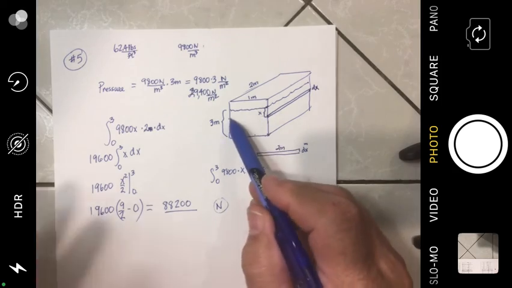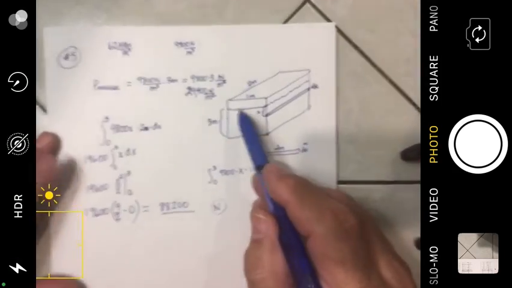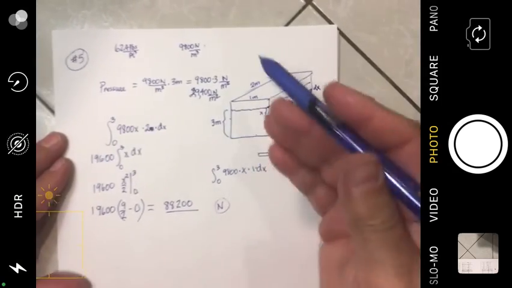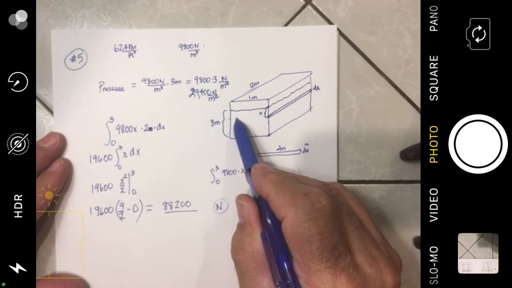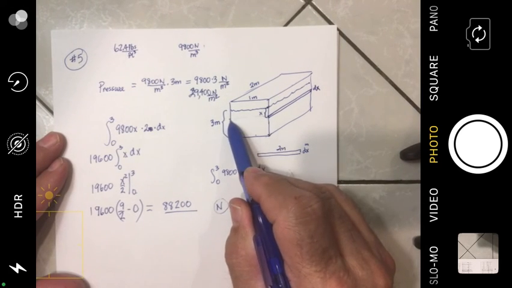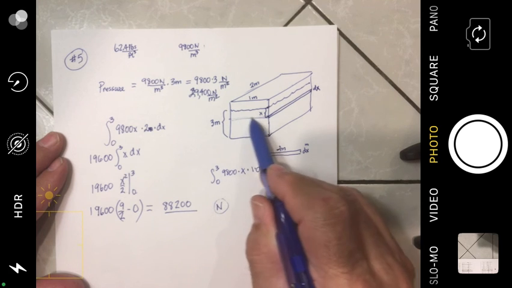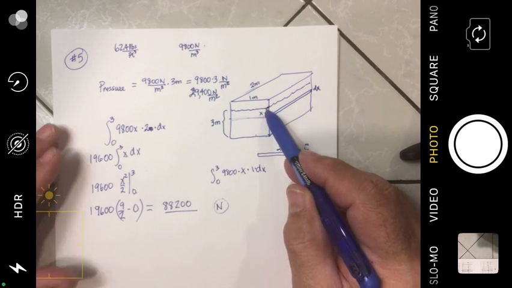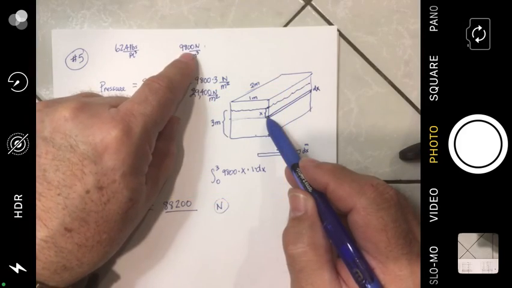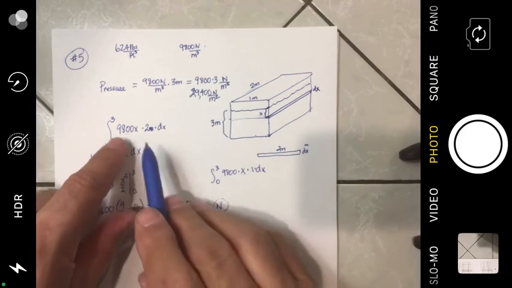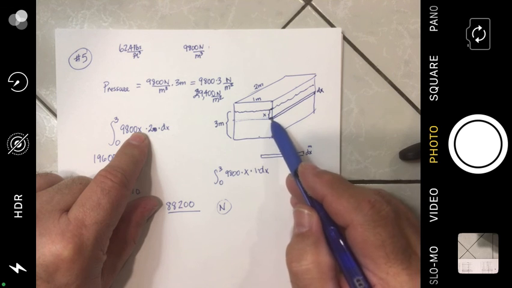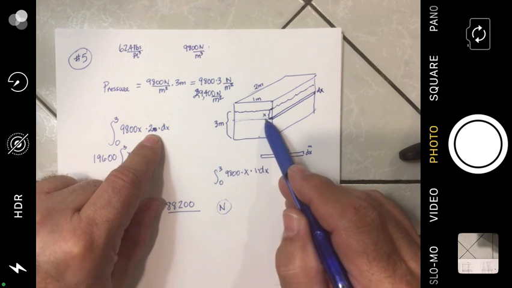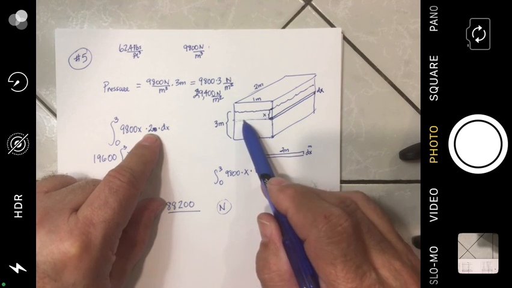Now, if I were trying to do this side, the pressure on the front side here, then the rectangle would be 1 meter by dx meters, and the pressure would still be x times 9,800. So it'd be 9,800 times x, that's the pressure at that depth, times 1 wide times dx.